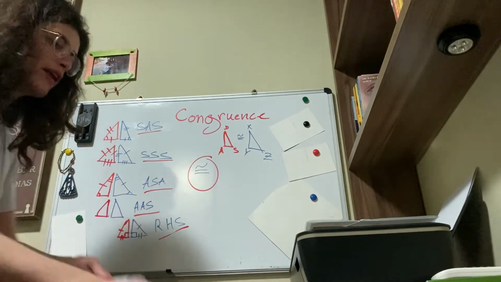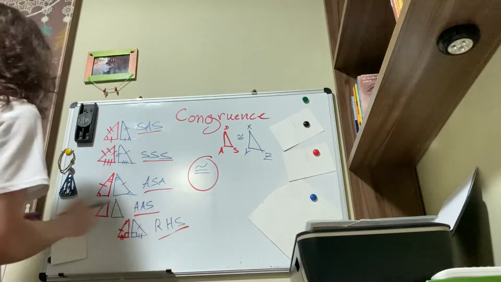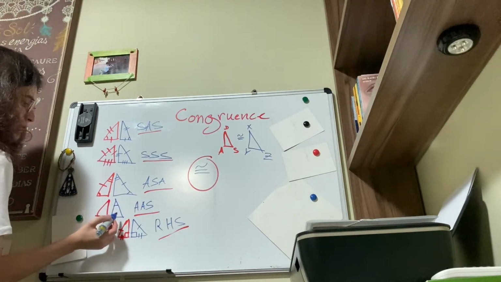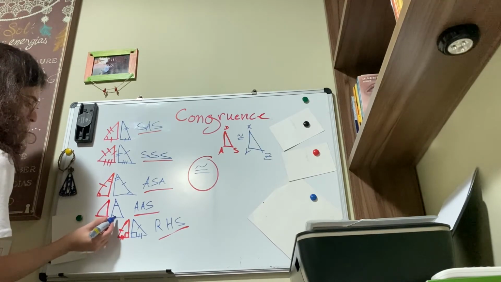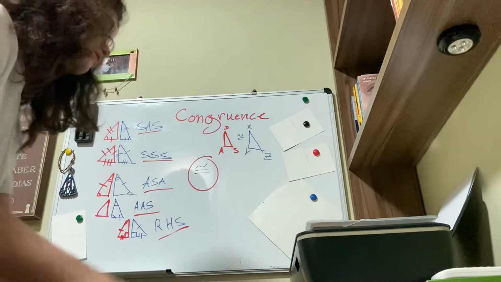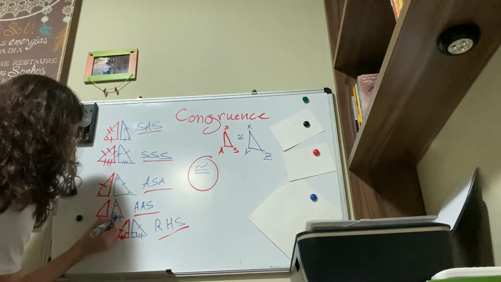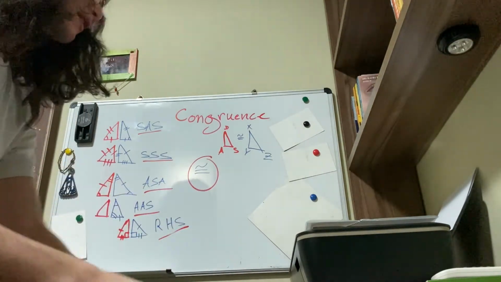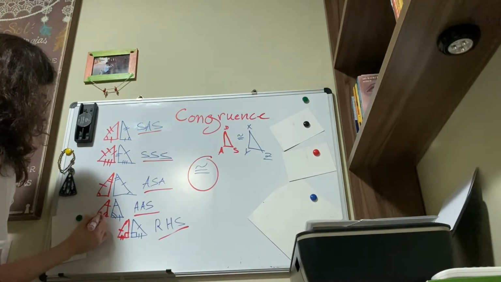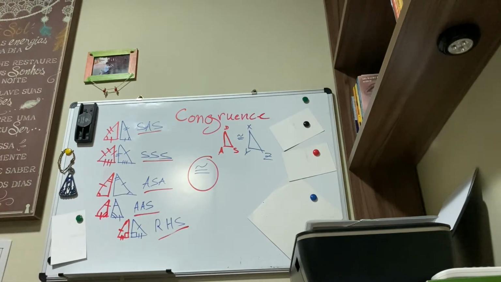So, we're going to have angle, angle, side. Let me show that this is another angle. Okay, there we go. And then we're going to have angle, angle, side. So if you have that, you can prove that these two triangles are the same.